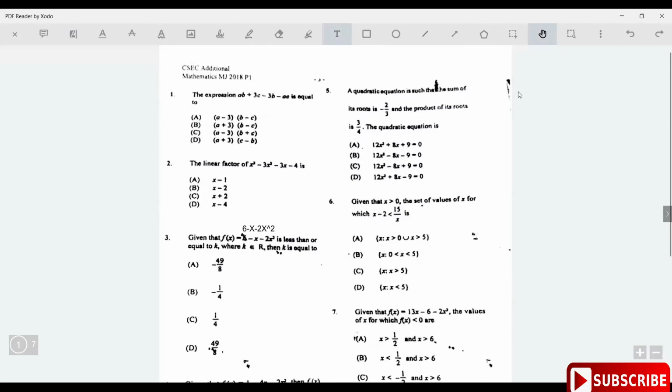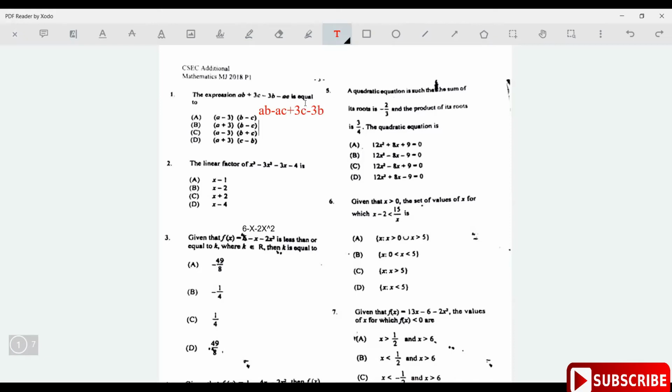So this says the expression AB plus 3C minus 3B minus AC is equal to, well, first you group the two terms with A's or B's so you can factor out something in common. So I'm going to group AB minus AC. Then I'm going to group 3C minus 3B.